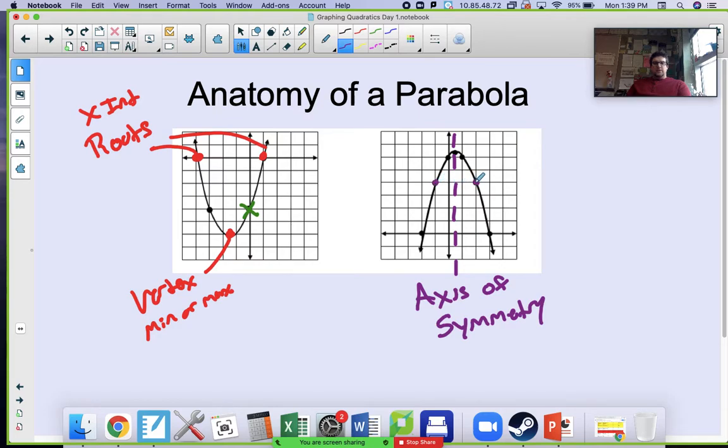So dots on either side are exactly the same distance from the line as on the other. 1.5, 1.5, 2.5, 2.5, 1/2, 1/2, just because we're halfway. If they were perfectly on a grid point, you could count actual boxes, even though it could still be decimals. But it's that same exact distance on either side of our line. And that's what's going to help us graph this.